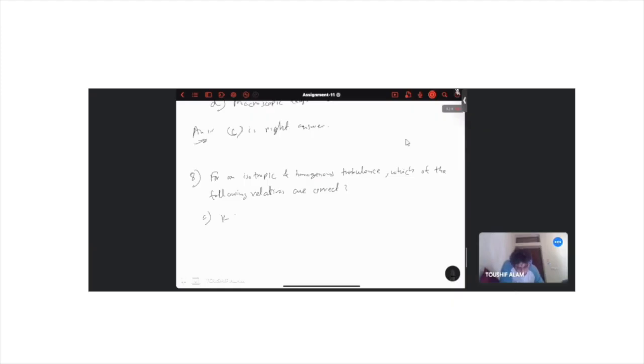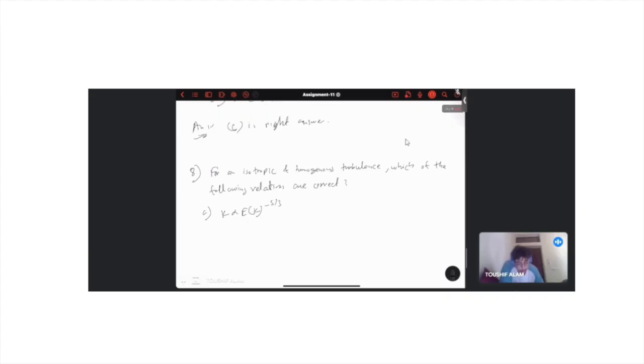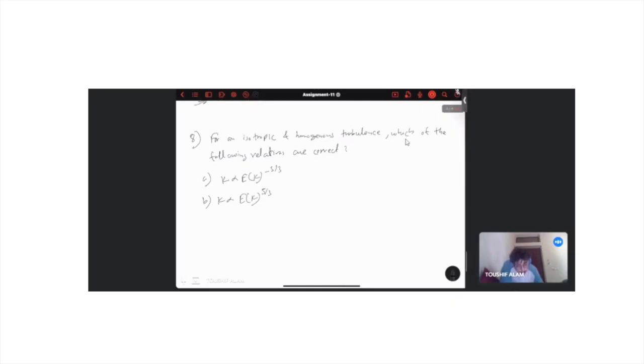Option A, K proportional to Ek to the power minus 5 by 3. Option B, K proportional to Ek to the power 5 by 3. Option C, K proportional to Ek to the power minus 3 by 5. Option D, K proportional to Ek to the power minus 2/3.